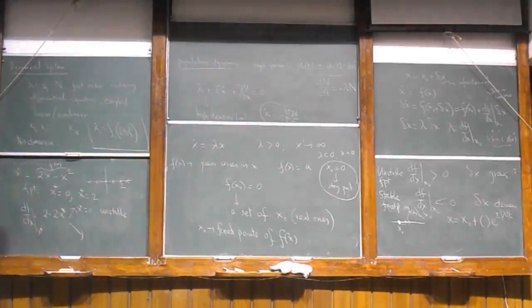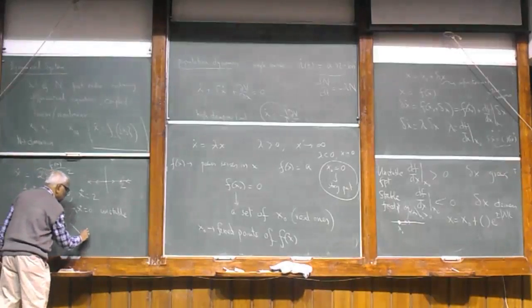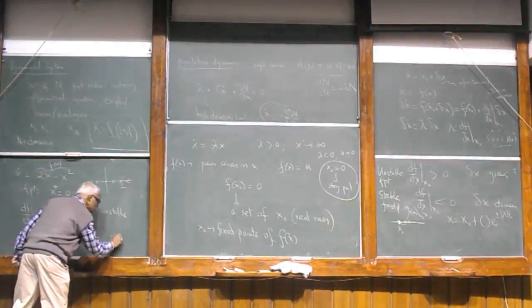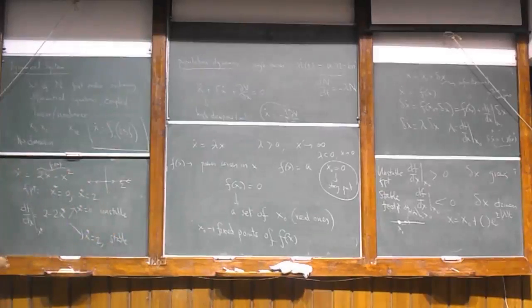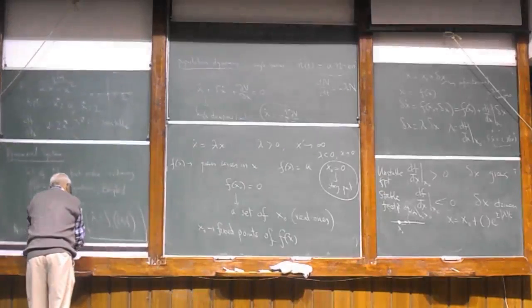So if it is a derivative over here, x star equal to 2, the derivative is negative 2 minus 4, so this is going to be stable. Yeah. So what does stability and instability tell you?